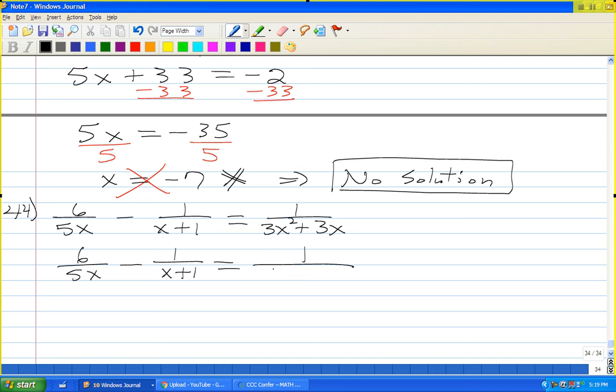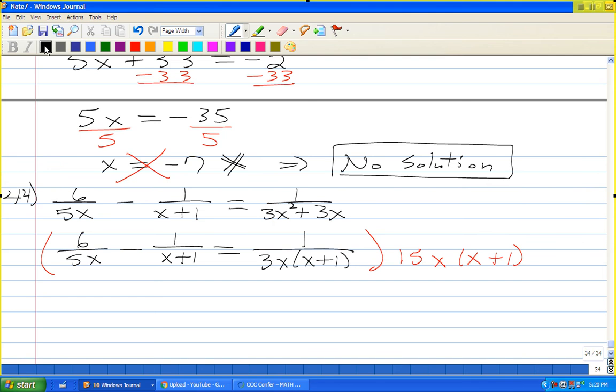I can factor out a 3x, where it remains as x plus 1. So let me multiply both sides of my equation by the least common denominator, 3 times 5 is 15x, x plus 1. And so that's the least common denominator. You can multiply by any common denominator, but this is the least one.